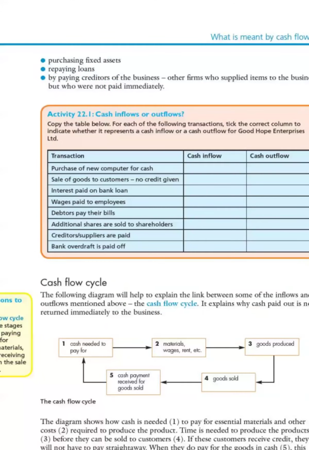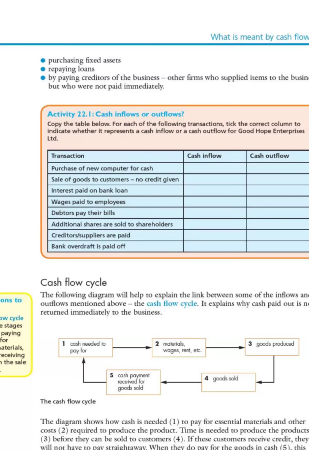If you owe your suppliers, you have to pay them back. As you're paying them back, if you pay using cash, then cash will flow out of the business. So by purchasing materials for cash, by paying wages, salaries, among others, by purchasing the fixed assets or the non-current assets, by repaying the loan and paying the creditors, those are some of the possible options by which cash can flow out of the business.